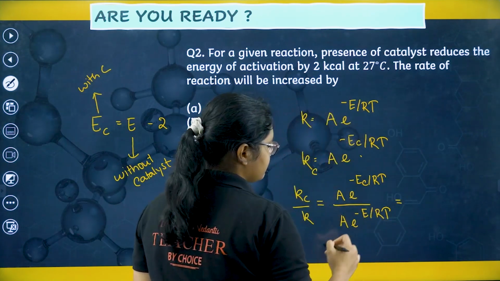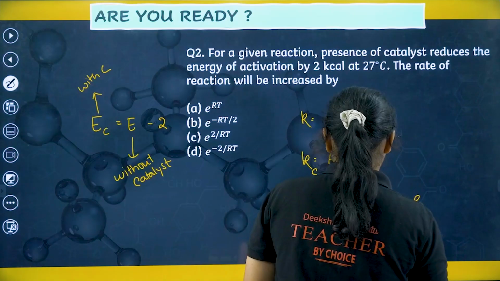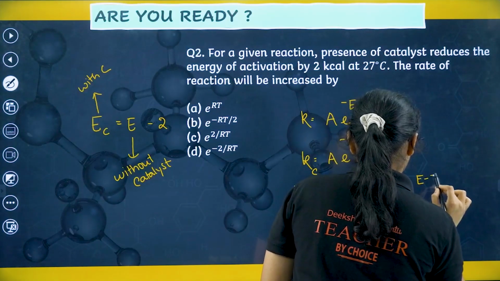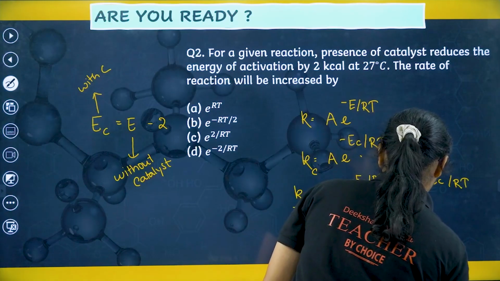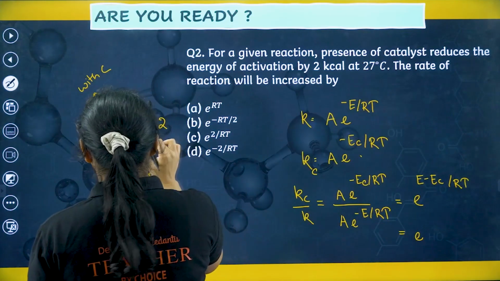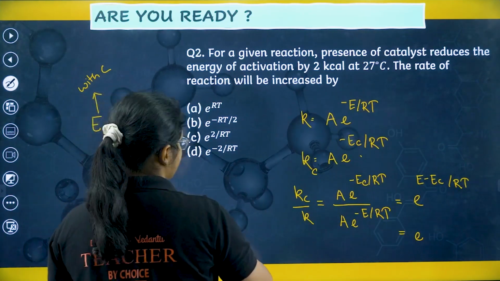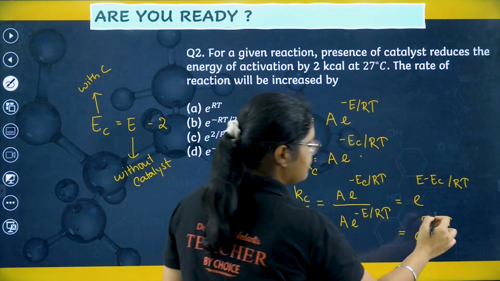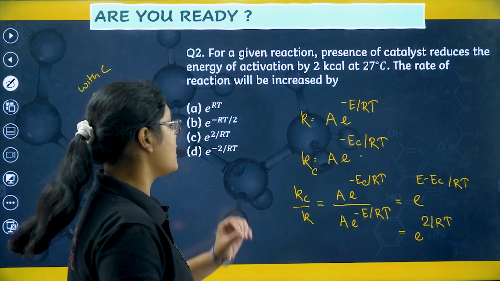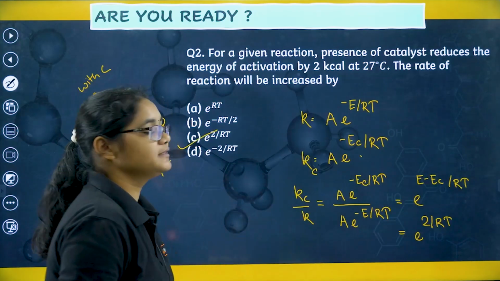That will give me e to the power of (E minus EC) by RT. E minus EC value will be 2, so it is e to the power of 2 by RT. So that is option number C here.